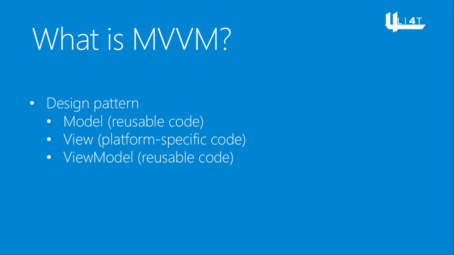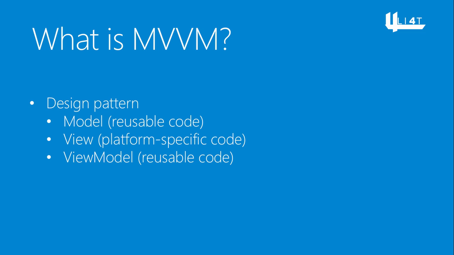In the context of reusable code, it is even more useful if you are developing an application that is going to run on different platforms. Let's say you have a Windows Presentation Foundation application, a Windows application, a Windows Phone application, and even with Xamarin, you could have an iOS and an Android application and only code the model and the view model once.